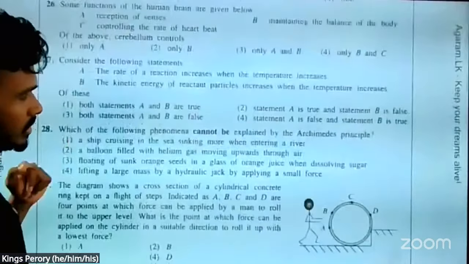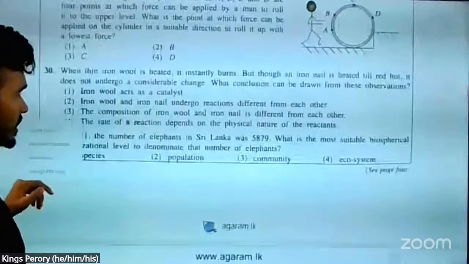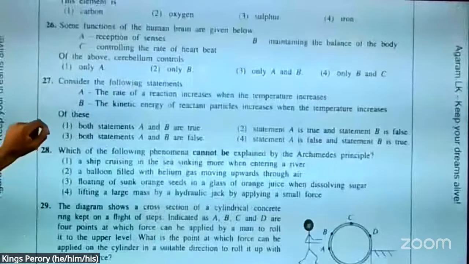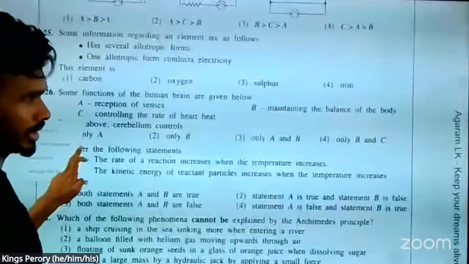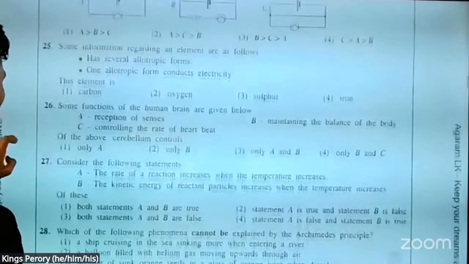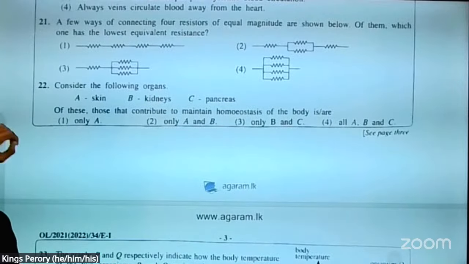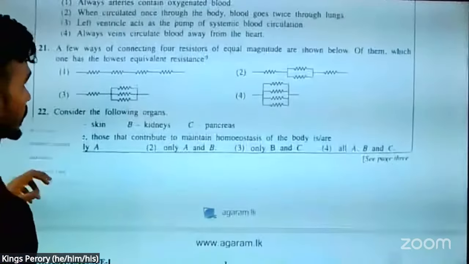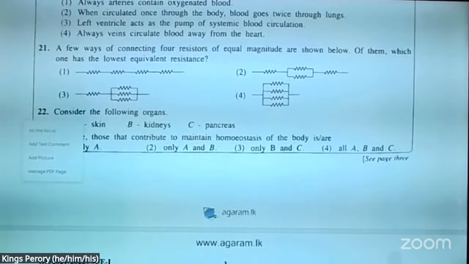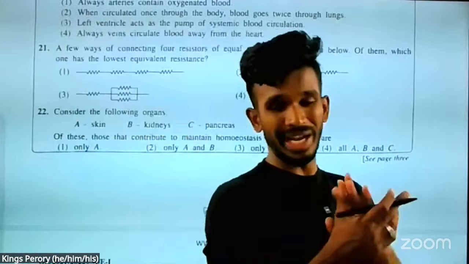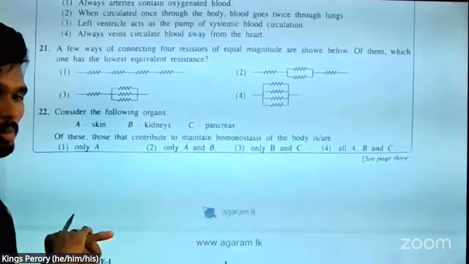Every question has something to think about. So I'll go in the normal order: question number 21 to 30 of the 2021 O-level paper.